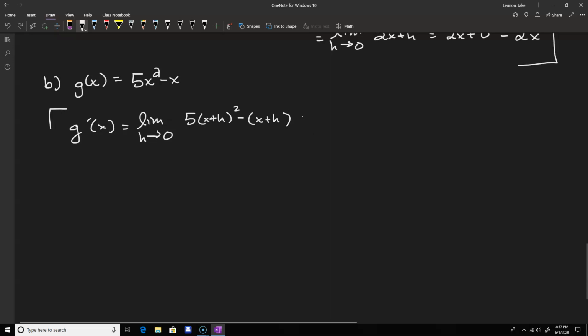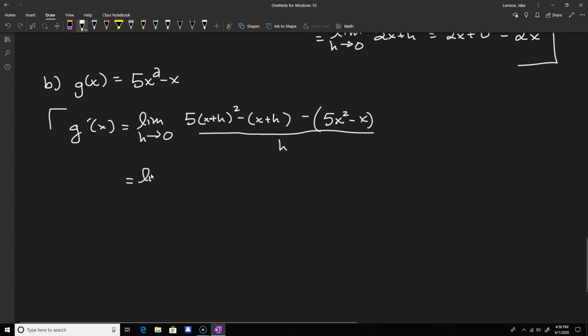Now we want to subtract regular g of x. So we're going to take the g of x formula, put it in parentheses, and take it away. So we end up with minus 5x squared minus x, and then we divide by h. So what can we do now? Well, now we can basically just go ahead and start expanding everything and see what cancels.